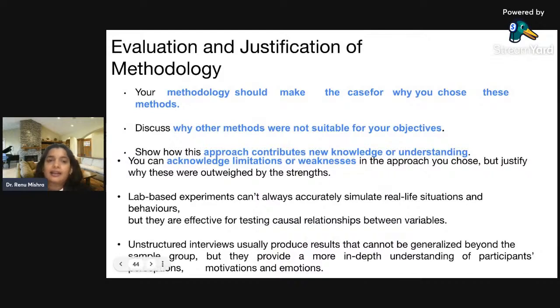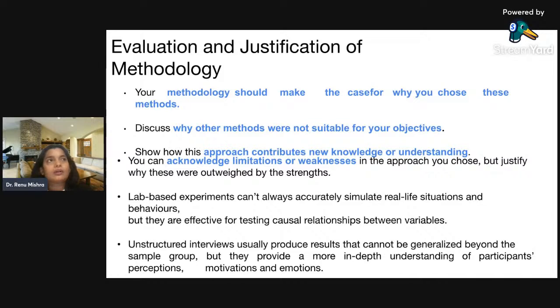Then comes evaluation and justification of your methodology. As I always tell my students, it is not just choosing a methodology. For example, the majority of research conducted in the US is mostly focused on qualitative research.